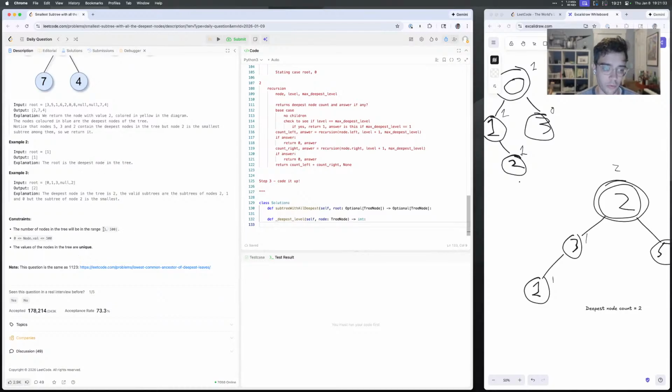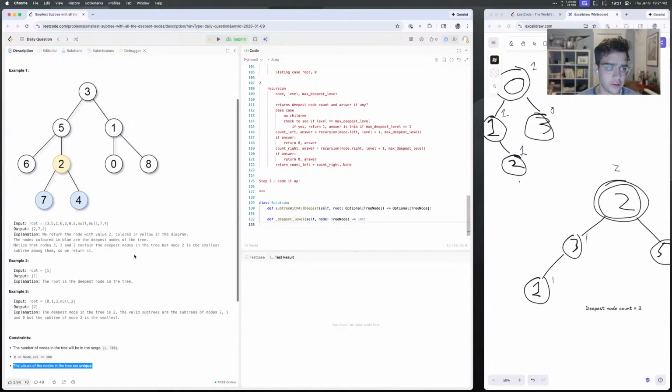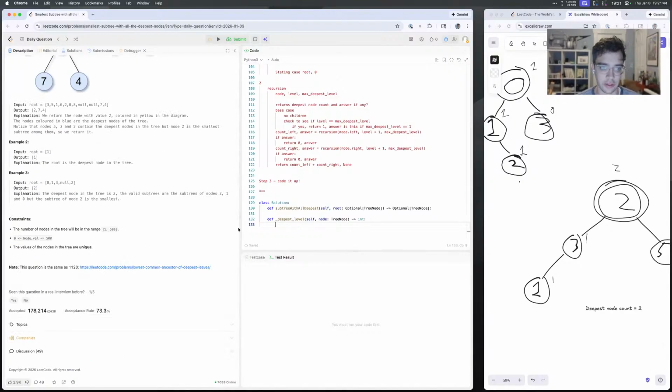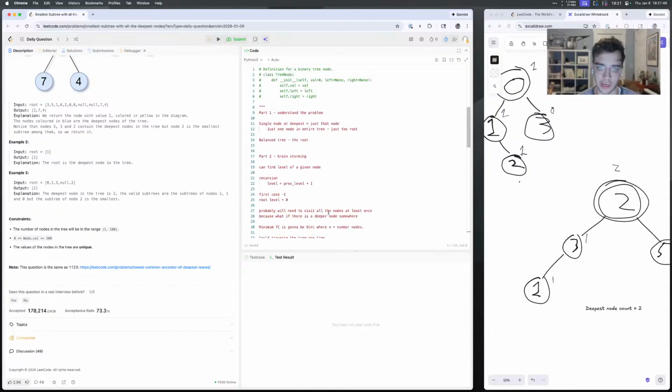There'll always be a root. Wow, I didn't even notice this constraint: the values of the nodes in the tree are unique. I don't think the values in the nodes matter at all. I'm not going to access them.